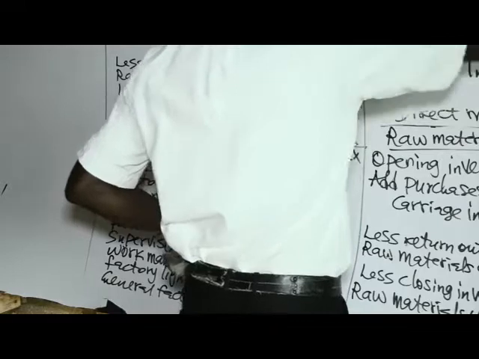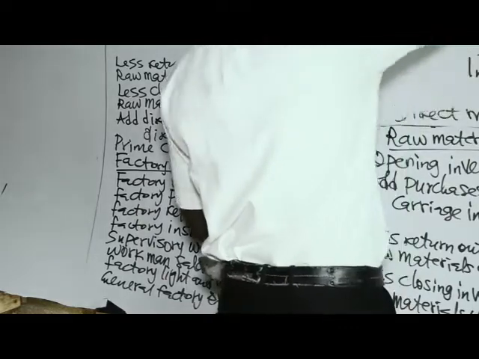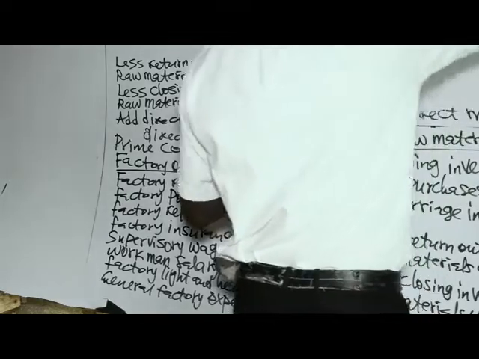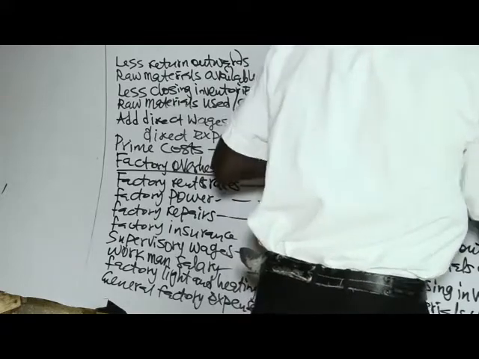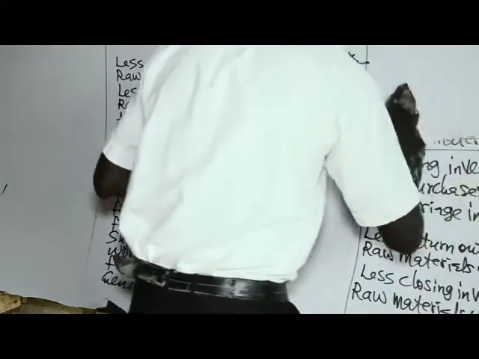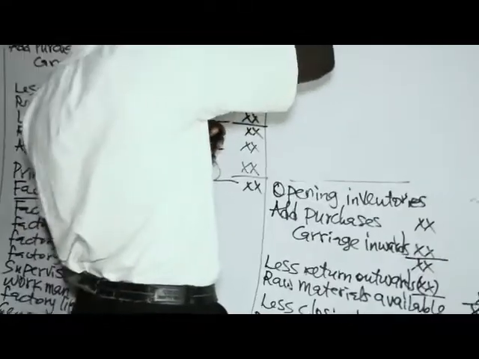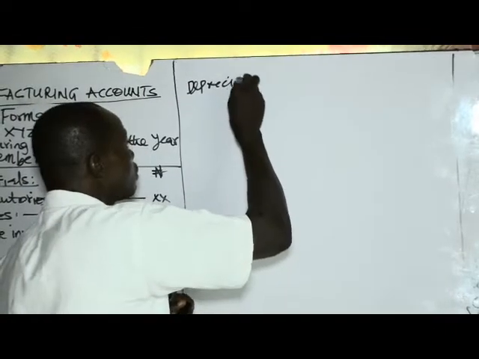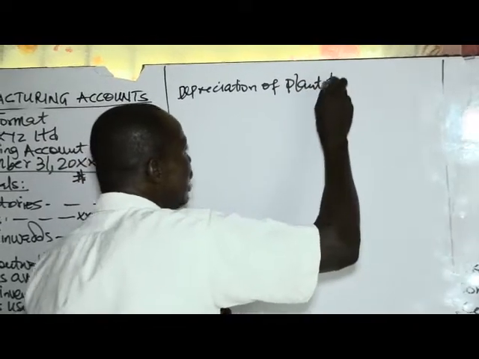That machinery may be depreciated. The depreciation of factory plant and machinery will also form part of the factory overhead expenses. So we want to consider the depreciation of plant and machinery.